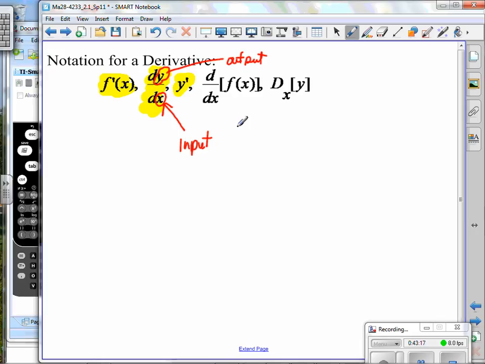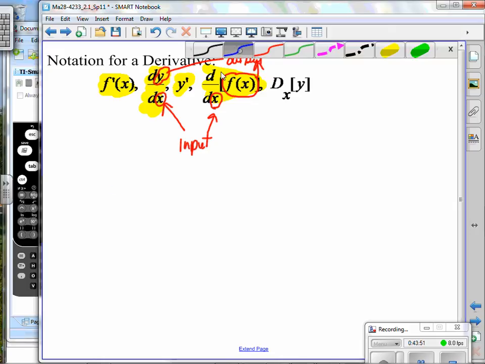Now, with that being said, take a look at this notation right here. Because we do use this one. I use it a lot. What is this piece? The x down here represents input again. What does this represent? The output. Yeah, the output. And so I can write things like this.